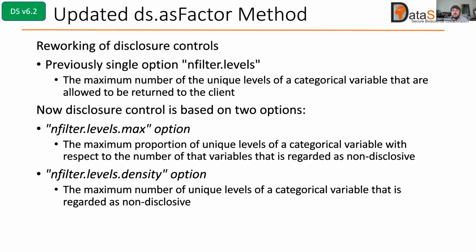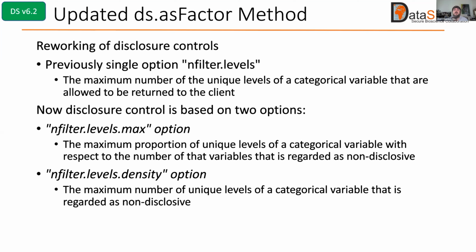As I mentioned, there were some issues with the fact that ds.asFactor was indicating the disclosure problem quite often. What we've done is refine that slightly to make it more configurable to what you'd want to see in the way of a disclosure issue.